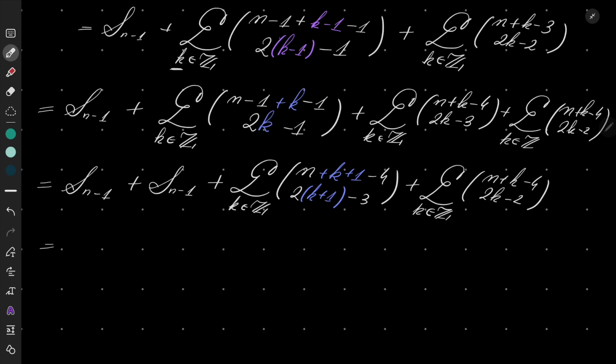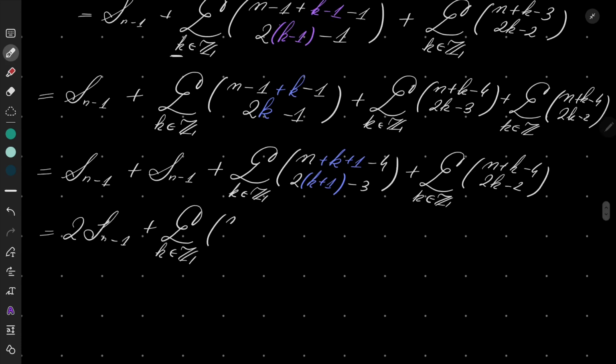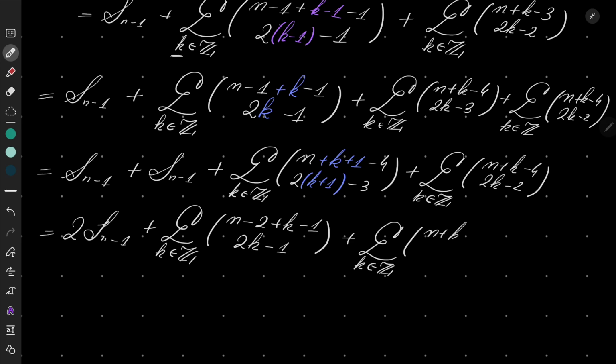And what do I have? Well, here I have 2 times s of n minus 1, and my sum can be written in the following way. It's the sum over all integers, (n minus 2 plus k minus 1, choose 2k minus 1), and let my last sum stay the same.